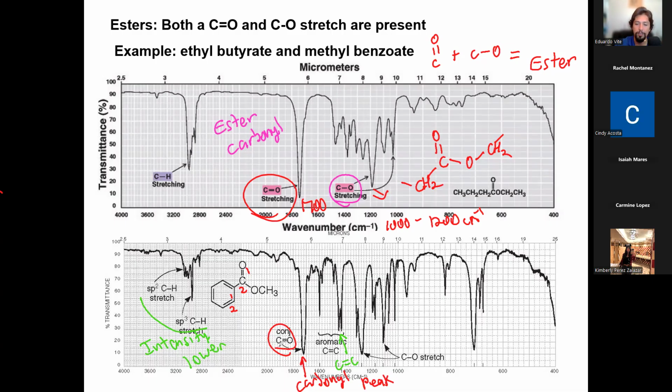So therefore, carbonyl plus your carbon-oxygen stretch at 1100 plus the spikiness, that tells you aromatic ring, ester, carbonyl of an ester. You have to put everything together. So any questions about this one?